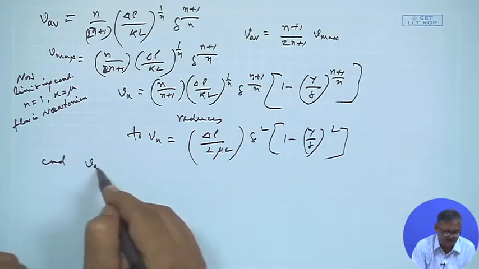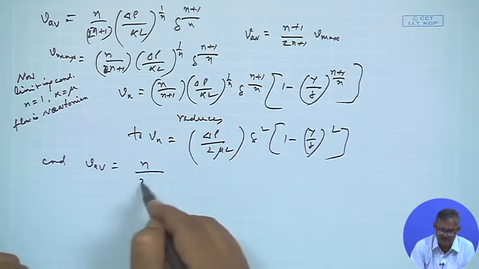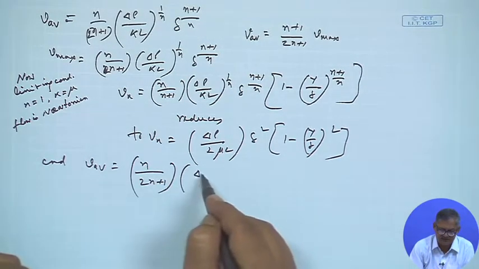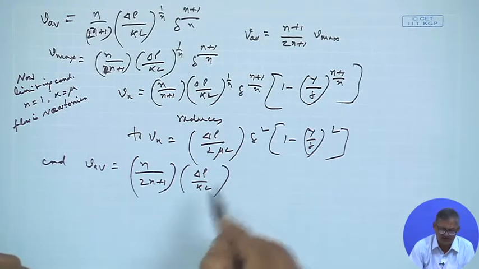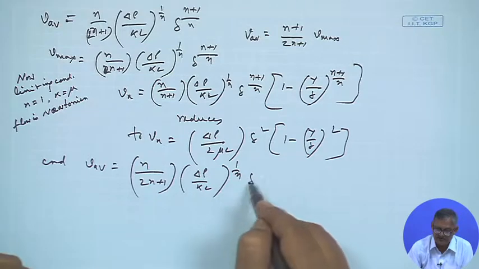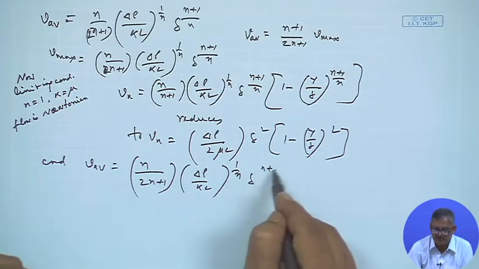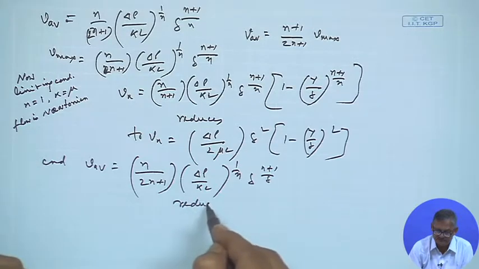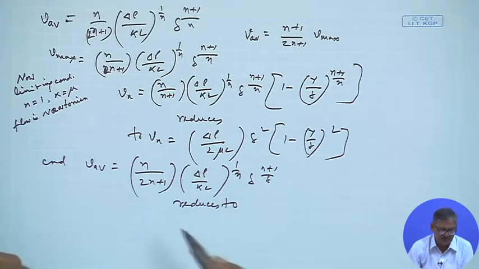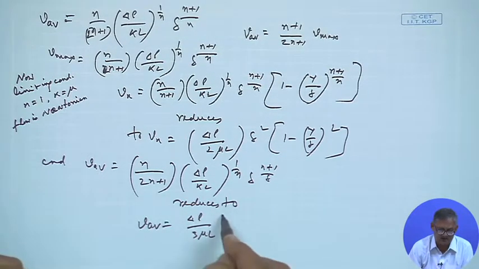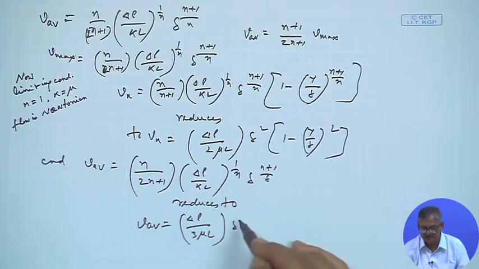And V average, which was n by (2n plus 1) into (delta p by KL) to the power 1 by n, del to the power (n plus 1) by n, reduces to V average equals delta p by 3 mu L, del square, right.